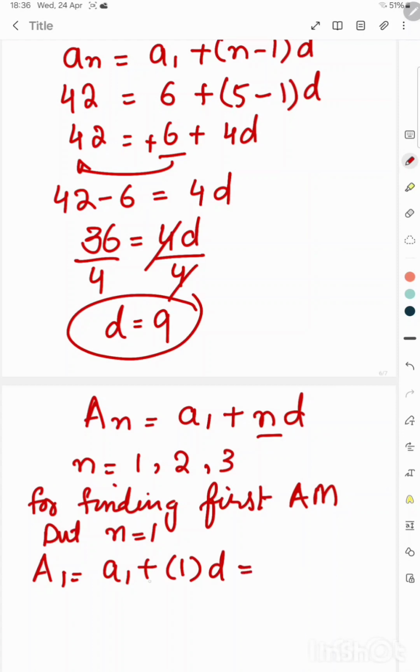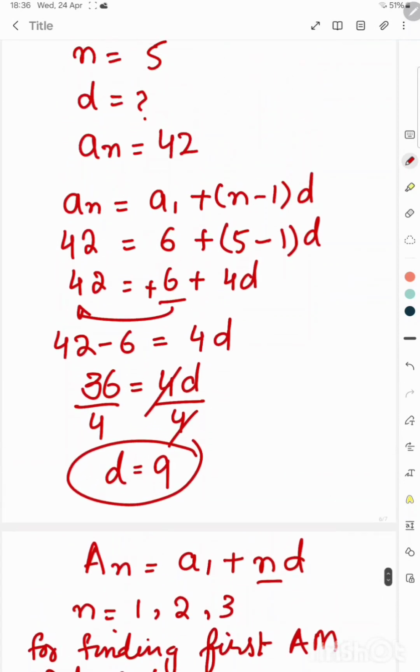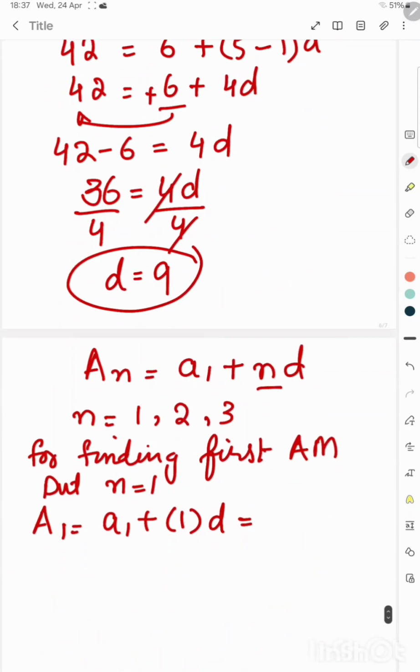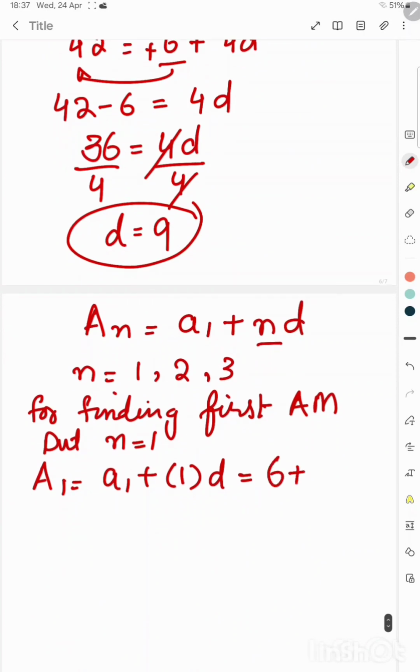So what is a1? A1 is the first term of the sequence, which was 6. So put a1 is equal to 6 plus 1, and as we have found d, put d is equal to 9. So the first arithmetic mean is 6 plus 9, and 9 plus 6 is equal to 15.